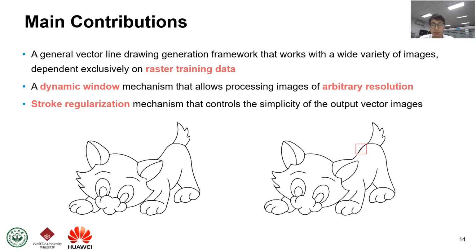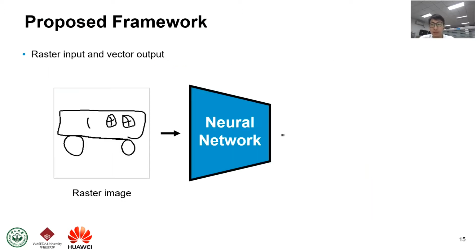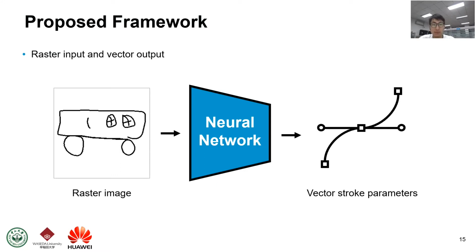In order to process images of arbitrary resolution, we propose a dynamic window mechanism. We also introduce a stroke regularization mechanism to control the simplicity of the output vector images. Next, I will introduce the framework in detail.